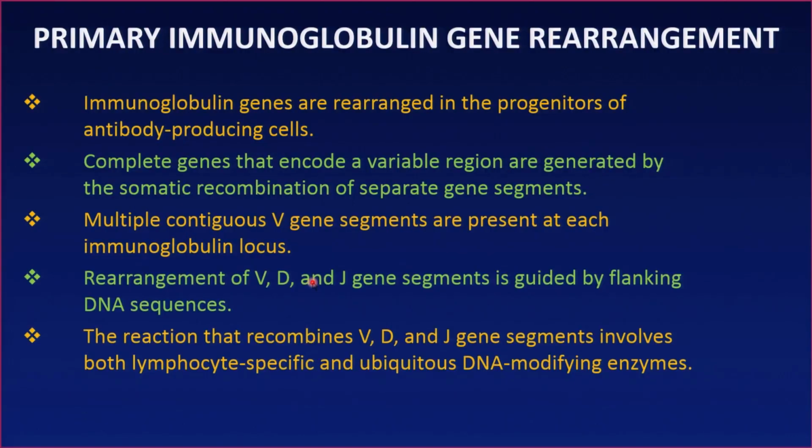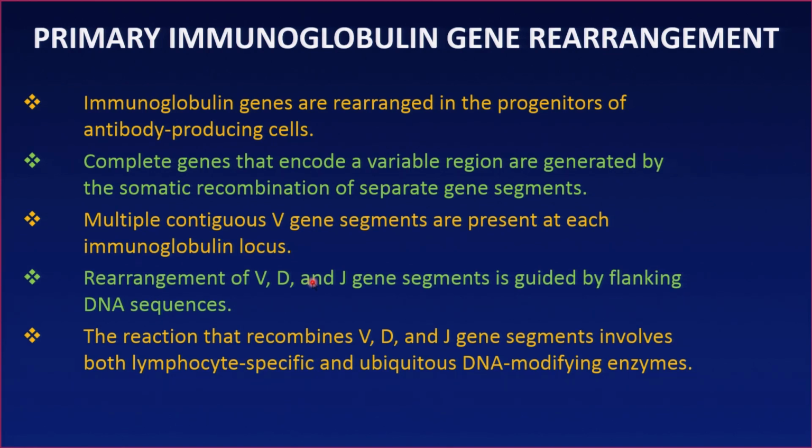Okay. So, summarizing the whole thing, whatever I discussed in diversity, I am just reading once, or you can also read. Immunoglobulin genes are rearranged in the progenitors of antibody producing cells. That means not while they are maturing, before maturation. Complete genes that encode a variable region are generated by the somatic recombination of separate gene segments.